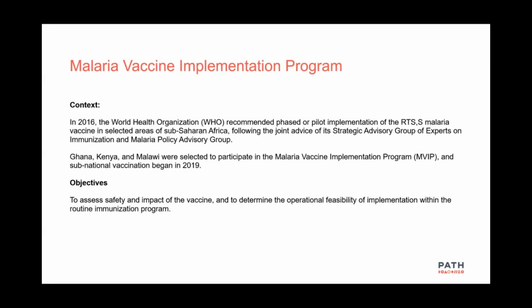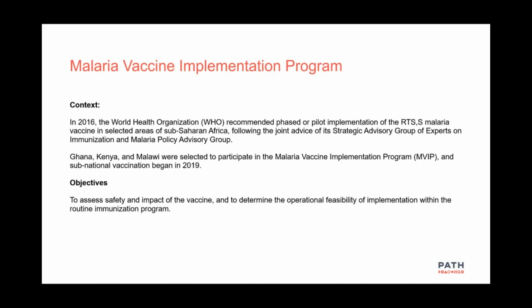So 3 countries, Kenya, Ghana, and Malawi, were selected to implement this program, and they began pilot implementation in the subnational selected regions as an evaluation program in 2019. And this MVIP, or the Malaria Vaccine Implementation Program, was a very coordinated evaluation effort that was led by WHO, along with many partners, including the country partners, the global level, the academic researchers, et cetera. So it was a big coordinated evaluation effort.